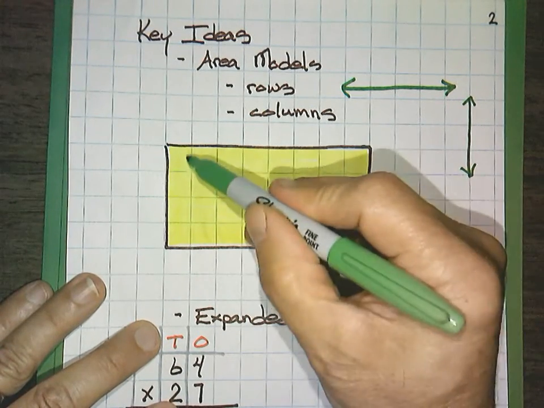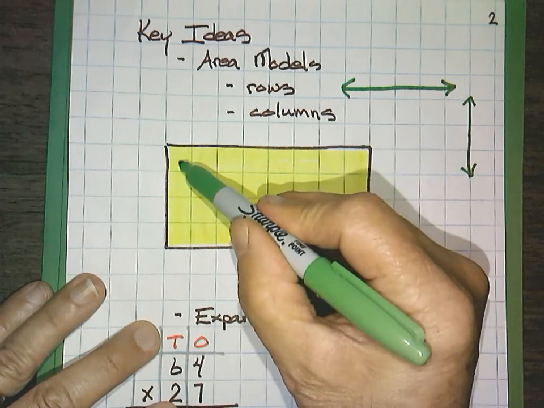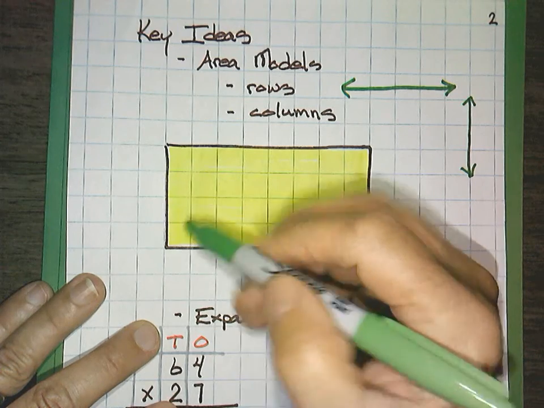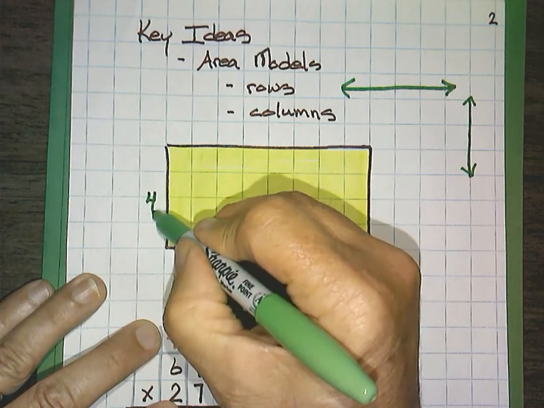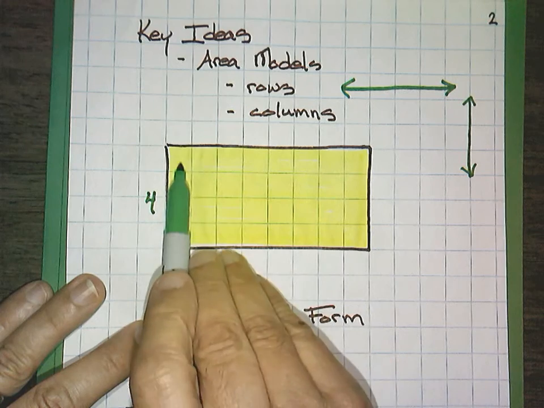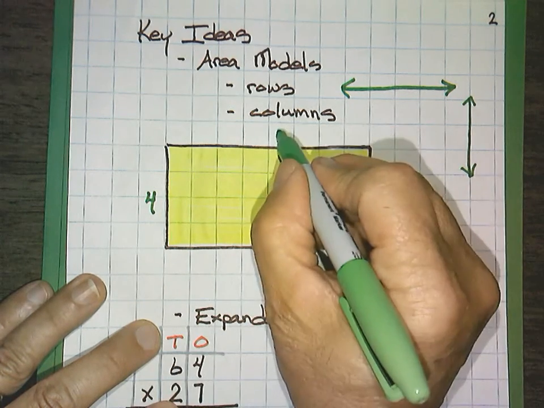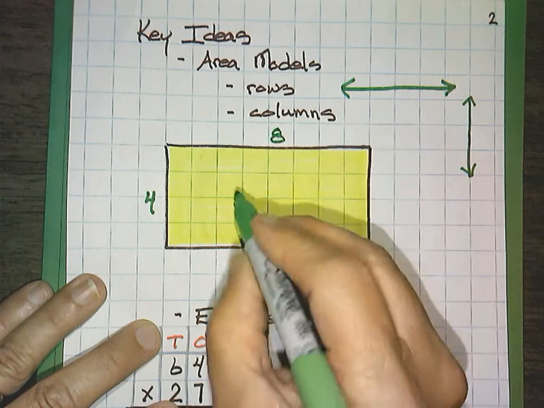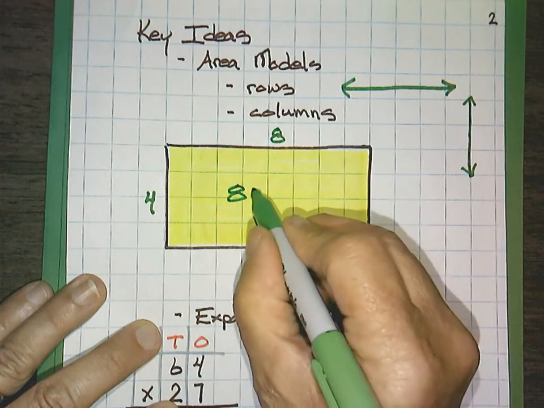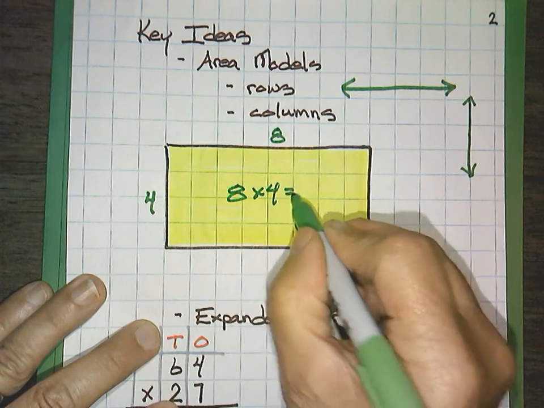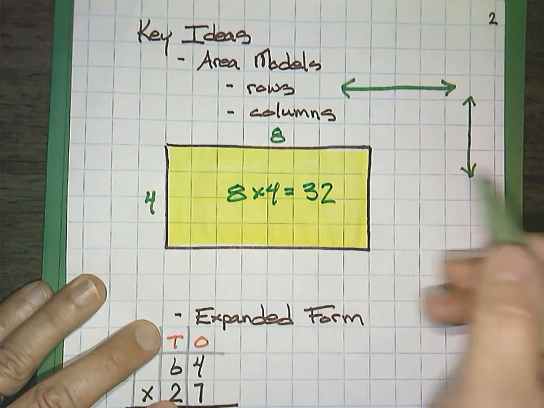If I were to count my columns, how many are there? 1, 2, 3, 4. And then in each row, I have 1, 2, 3, 4, 5, 6, looks like 8. And so if I were to multiply those two, 8 times 4 would equal 32.